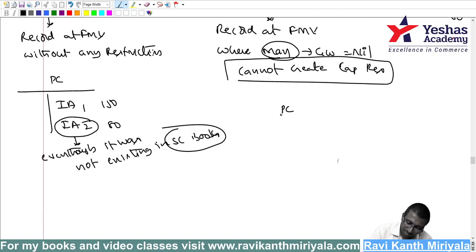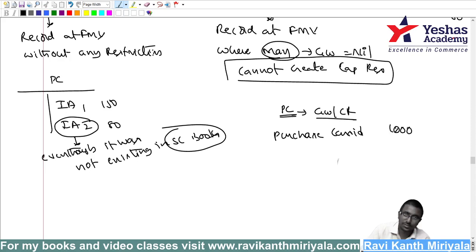See, purchasing company. We calculate goodwill or capital reserve, as you know. What do you record first? Purchase consideration for calculation. First, purchase consideration, some number; let me say 1000 rupees. Then what do you do? Net assets taken over at fair market value.